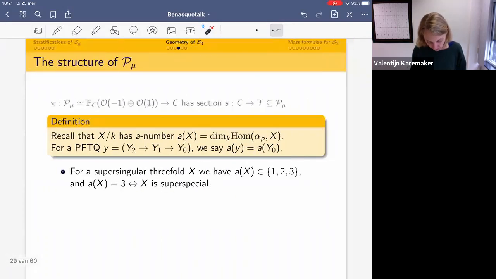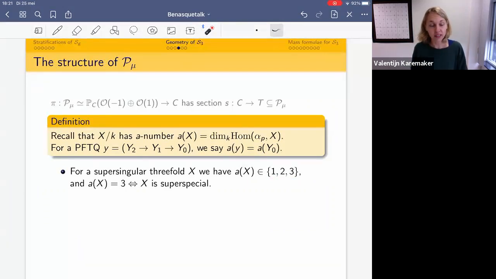Then also recall that for a threefold, the a number is between 1 and 3, so it's either 1, 2, or 3, and that this highest a number, 3, was exactly equivalent to being superspecial.